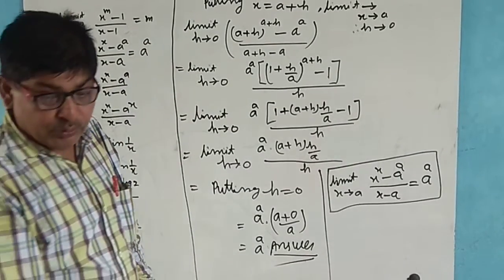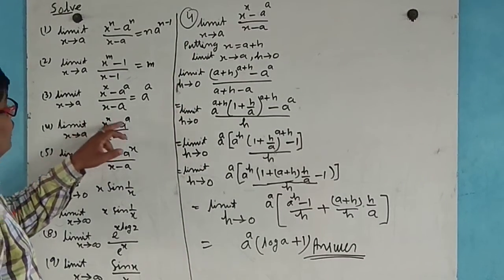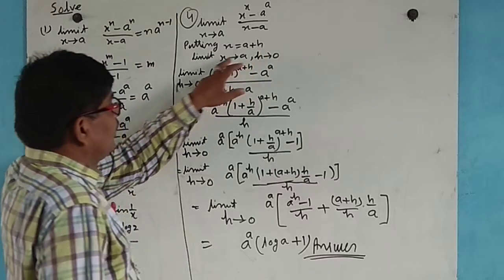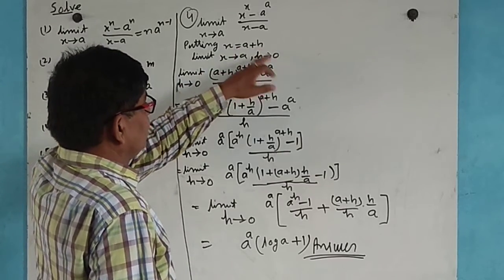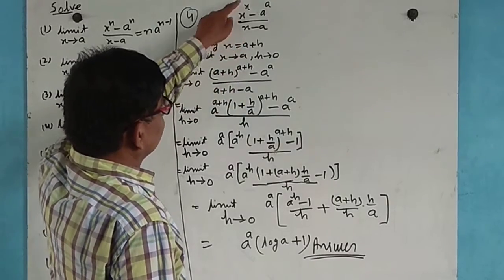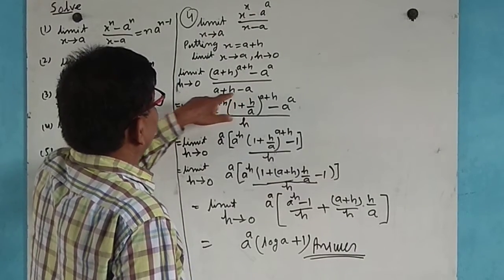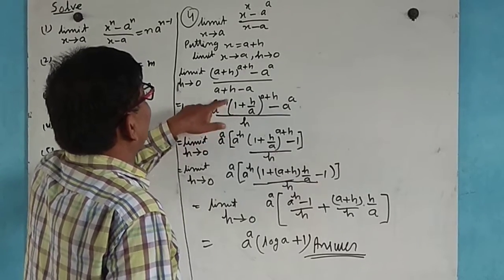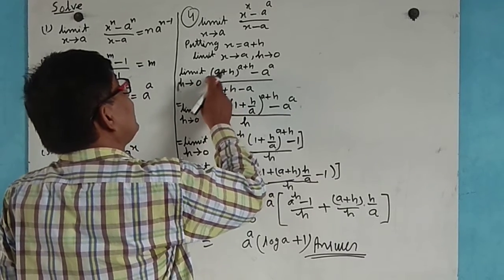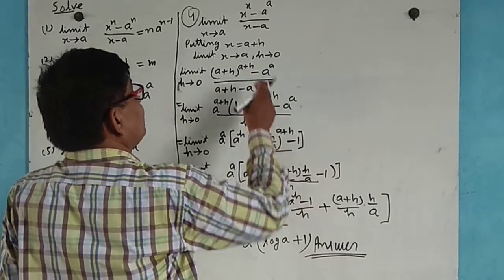Now next problem. Limit x tends to a, x power x minus a to power a, divided by x minus a. Here putting x equal to a plus h; x tends to a, then h tends to 0. Now put x equal to a plus h: a plus h power a plus h minus a to power a divided by a plus h minus a, a remove, this is simple h. And we take the common a here, a comes out here, a to power a plus h, and 1 plus h by a to power a plus h.